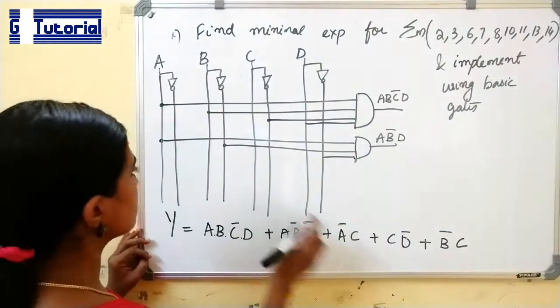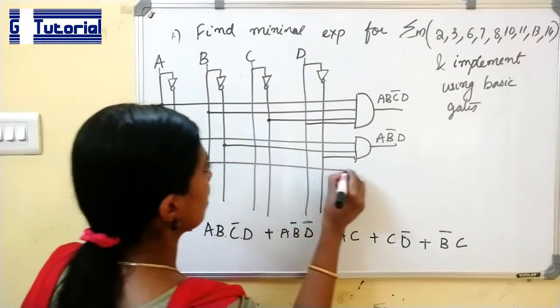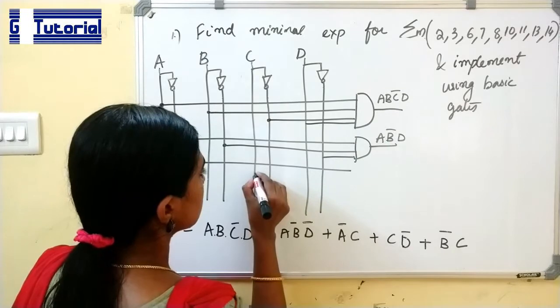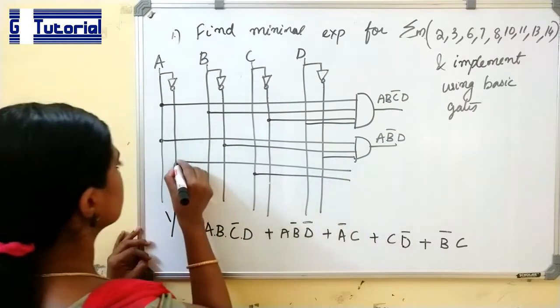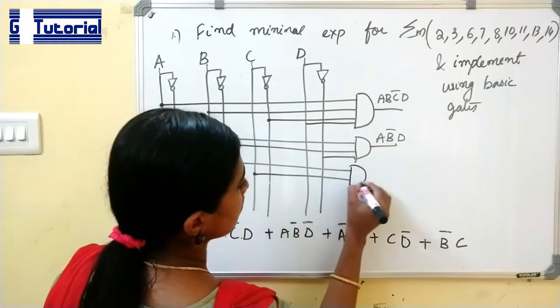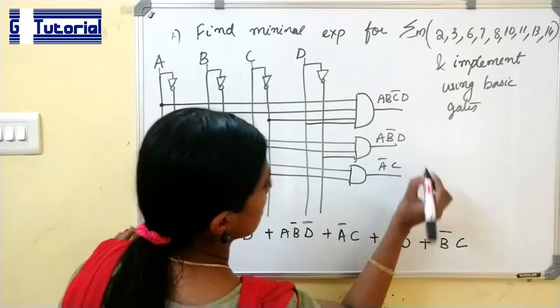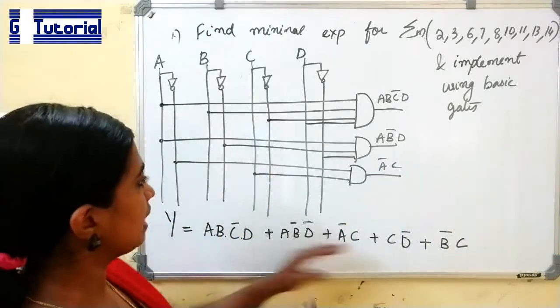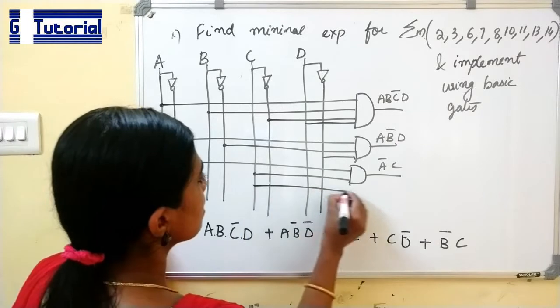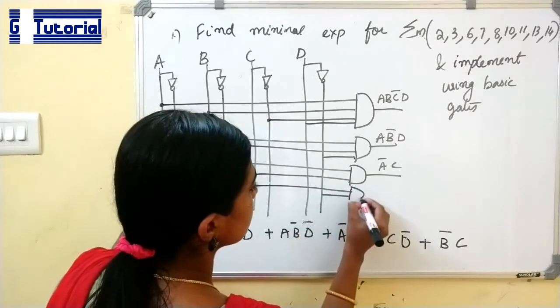Next one is A bar, C. So A bar, C. This is A bar C. Next is C D bar. So C D bar.